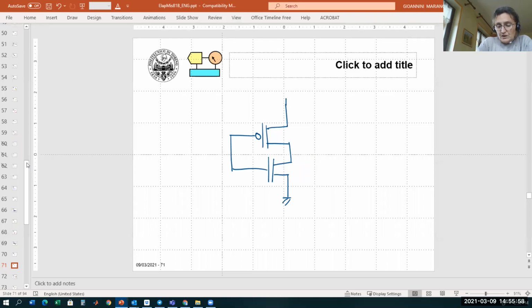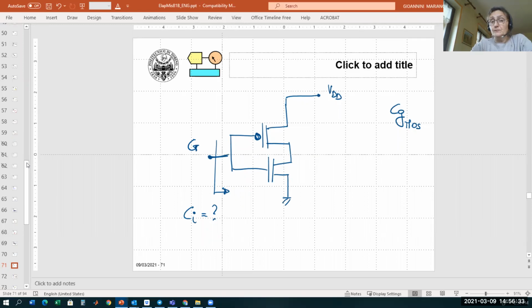These two transistors share the same gate, right? So if I indicate with Cg the gate capacitance of one MOS, how much is the input capacitance? Now we have two MOS. It's the parallel of the two.